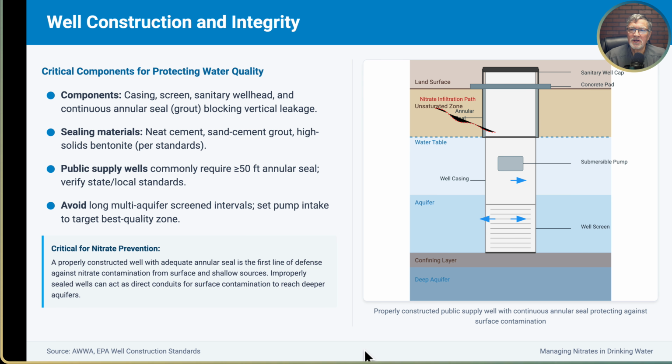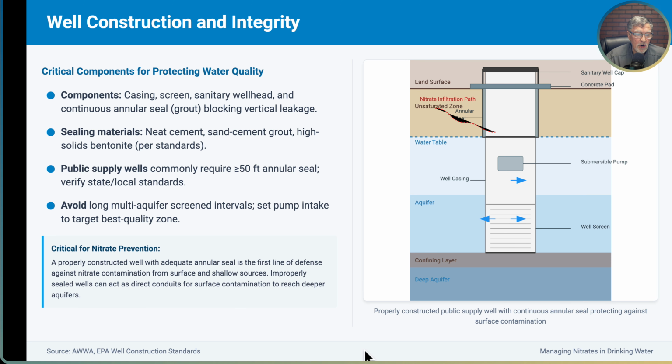But the important thing is you want to understand the geology as you build your well, and build the well to reflect the geology, to minimize the potential for contamination in the well. So you want to avoid long multi-aquifer screened intervals. You want to set your pump intake to target the best quality zone, and make sure you're not dragging any of that contamination around.